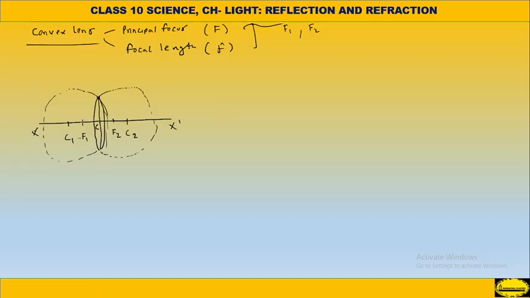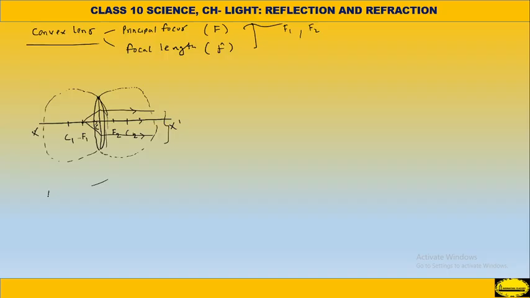If I consider an object placed at the first principal focus of the lens, the light rays after refraction become parallel to the principal axis. These rays will never meet, so image formation takes place at infinity.